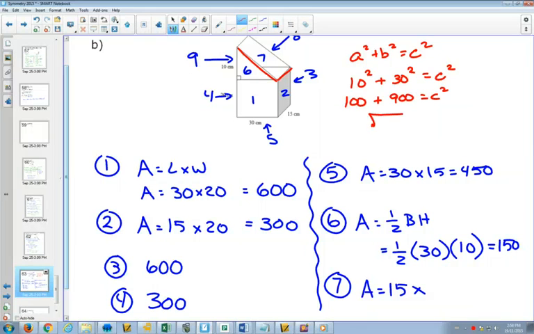And so we get the square root of 1,000, because 100 plus 900 would be 1,000. And then to figure out what C is, we'd have to go to our calculator and do the square root of this.